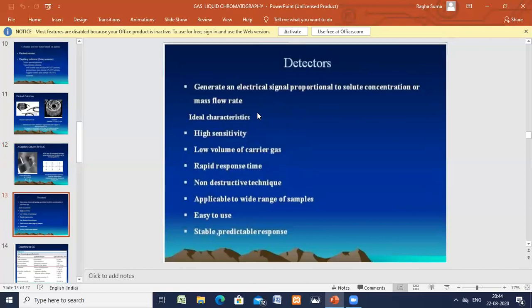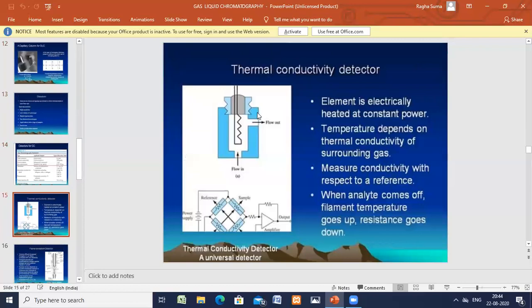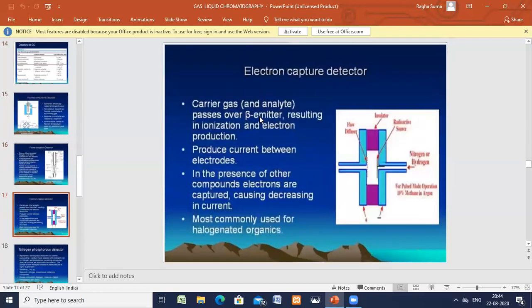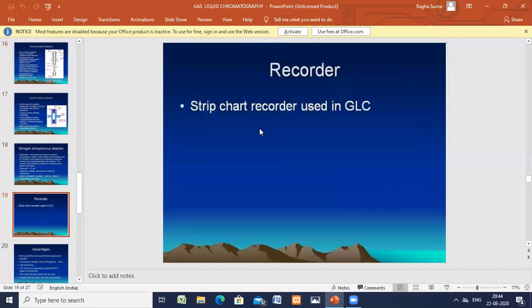Later on, the detector characteristics and different detectors for the analysis of GLC: thermal conductivity detector, flame ionization detector, electron capture detector, nitrogen phosphorus detector. And after discussing the basic principle of these detectors, how they are working, then comes the recorder.